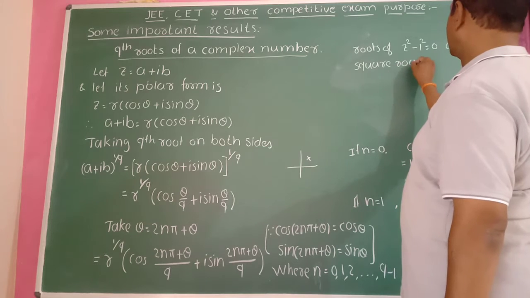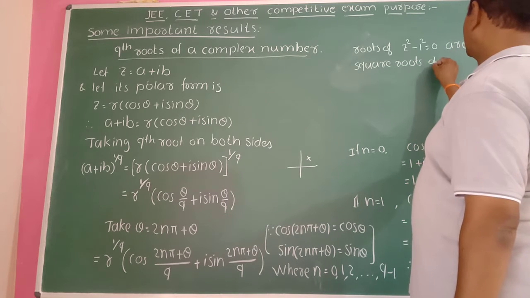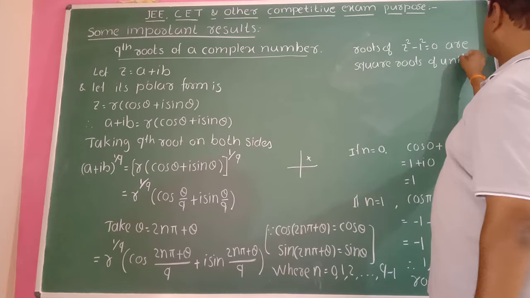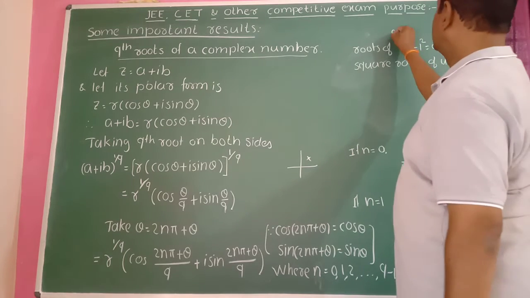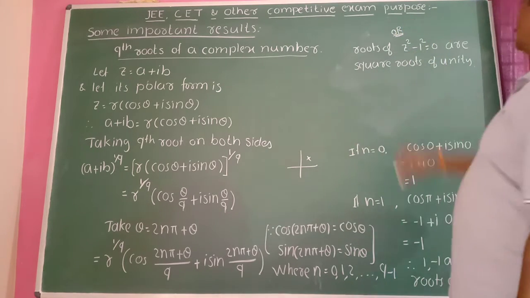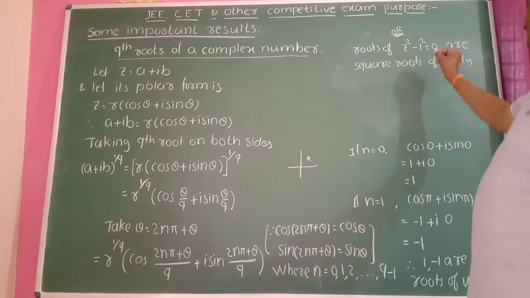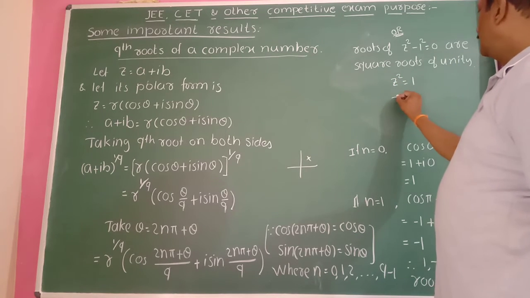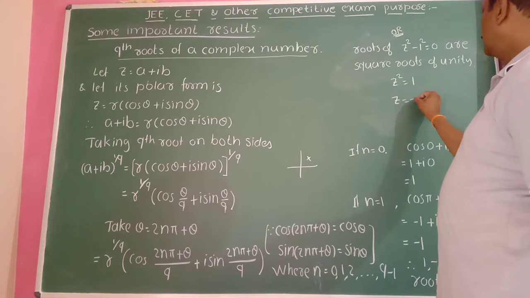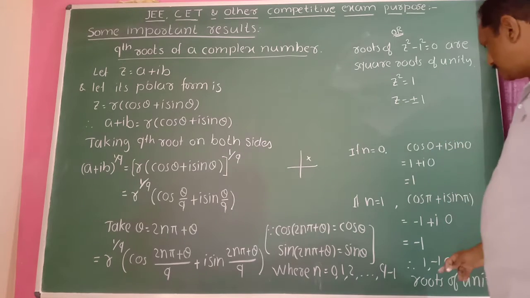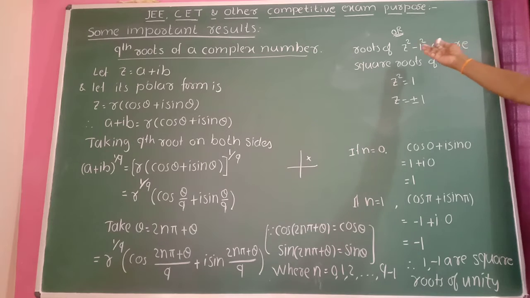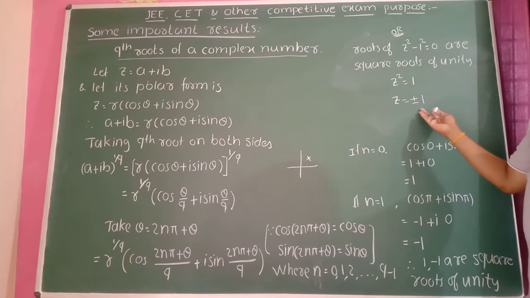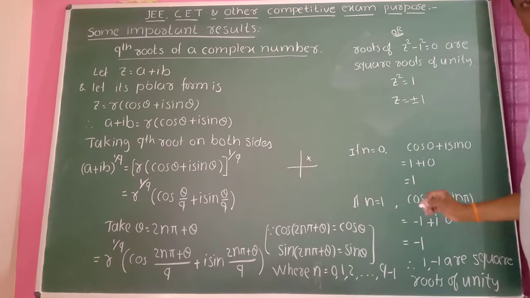This is one more method here. Take 1 to this side. So z square is equal to 1 here. Therefore z can be written as plus or minus 1. So plus 1 and minus 1 are roots of this equation. So these are the square roots of unity. So one example here.